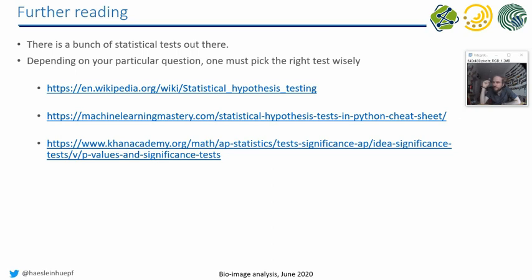There's a Wikipedia page explaining the strategy again. Back in the day, it took me some time to understand what a p-value is and what the confidence level is and so on. And there is a very nice collection of videos on khanacademy.org. Maybe again, it helps if somebody else is explaining the same thing with different words. Then you can have another additional look over there.